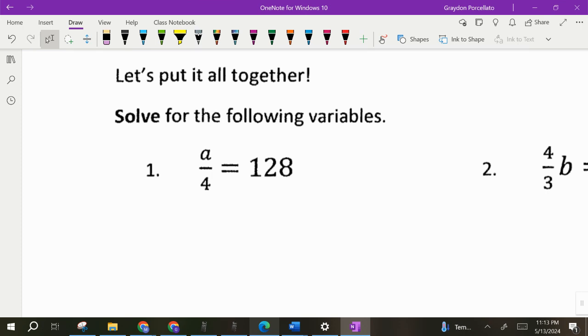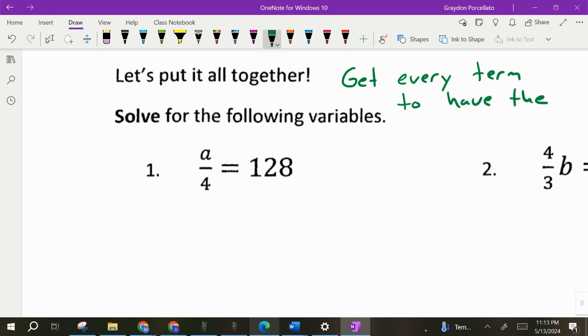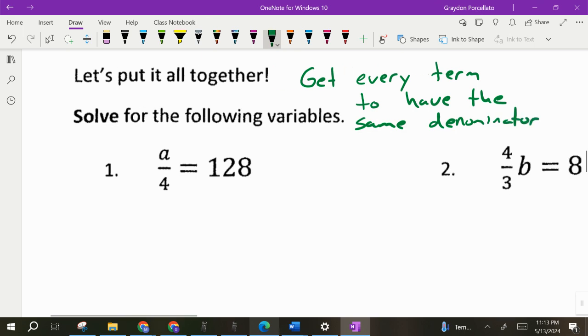And in this strategy, what we're going to do is we're going to get every term to have the same denominator. Okay, that's what our goal is. So that's what we're going to do.